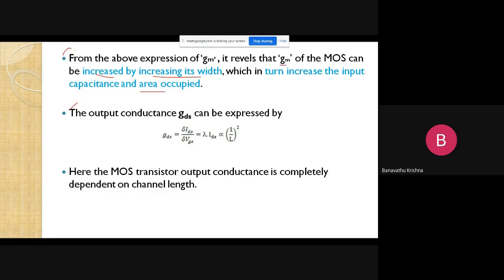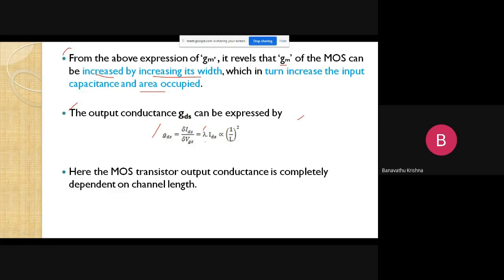Next, the output conductance GDS can be expressed as, it is very simple, GDS equals delta IDS by delta VDS, which is equal to lambda into IDS. This parameter we consider only from a simplification point of view.